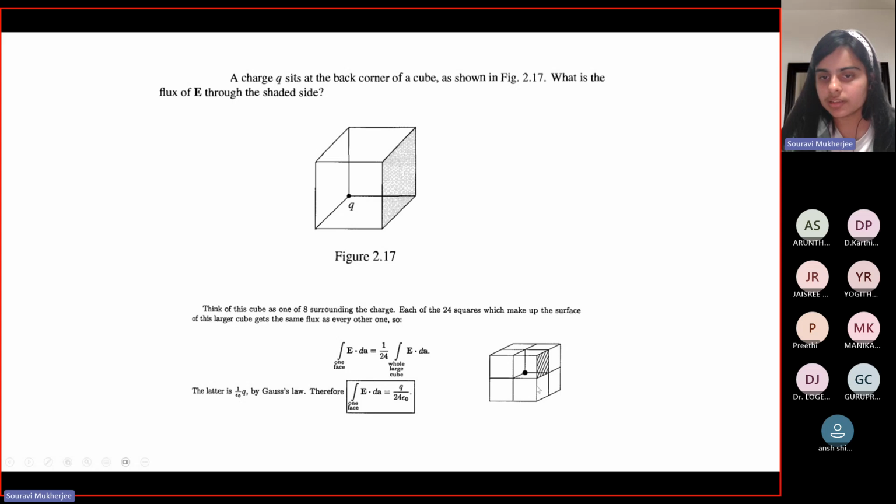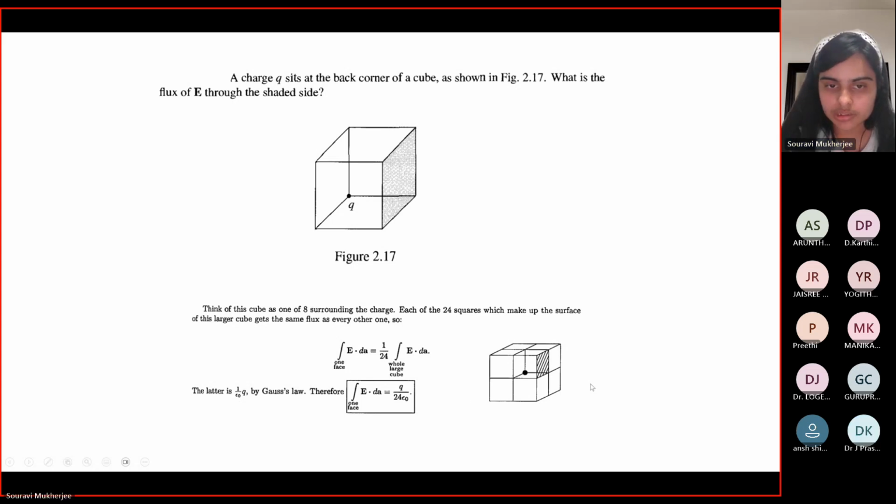So that means for these 24 surfaces together, the net flux is Q by epsilon naught. So for one such surface, you will have the total flux to be Q by 24 epsilon naught. Similarly, there can be many such questions based on the position of the charge; try to enclose the charge and then use Gauss's law.